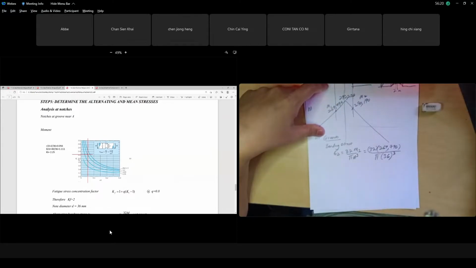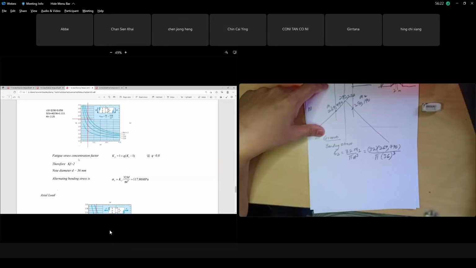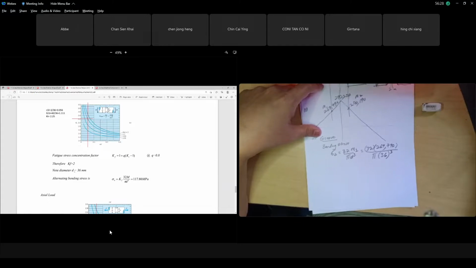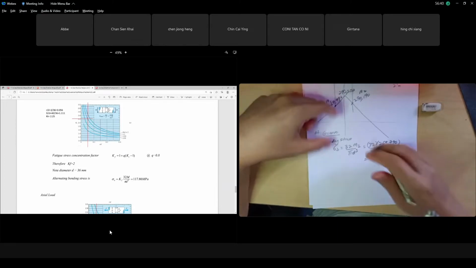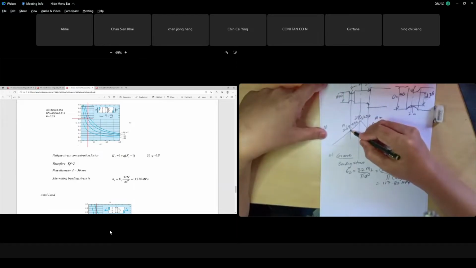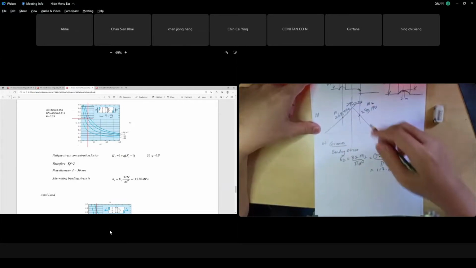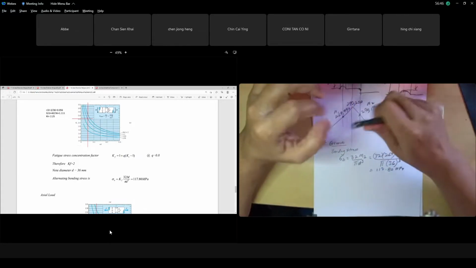At the groove, your bending stress at the groove is 32 times the moment, d is 36, right? d is 36, so with 32 times the moment over pi 36 cubed, you get 117.80 megapascal. This is the bending stress at the groove, but this bending stress has not been multiplied by the KF value yet.